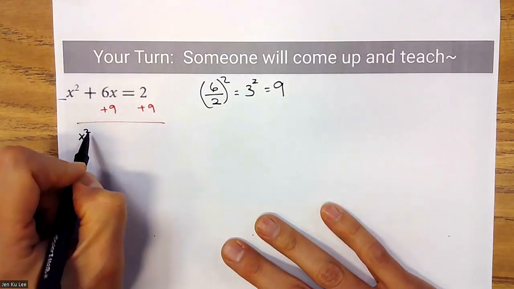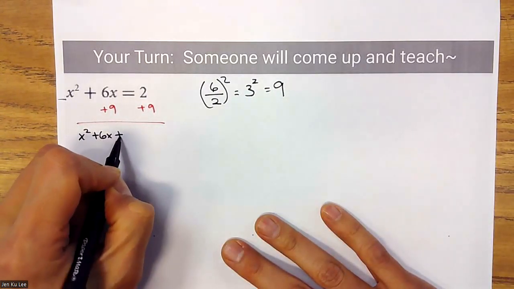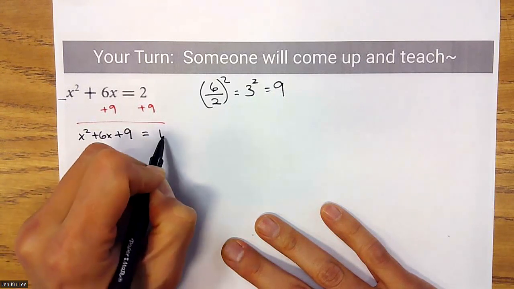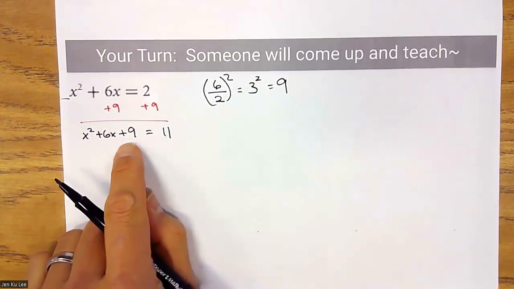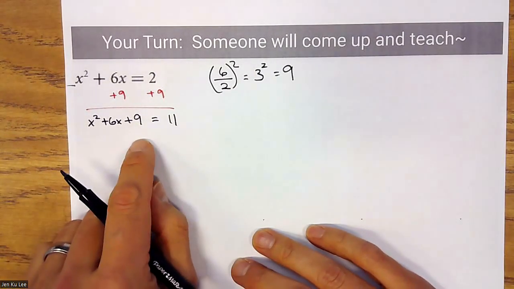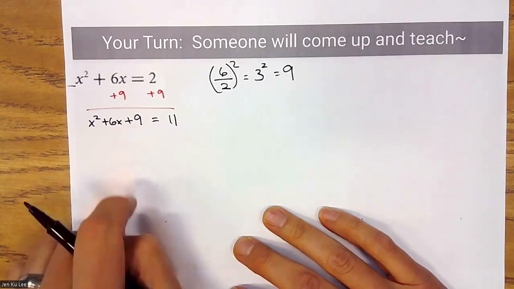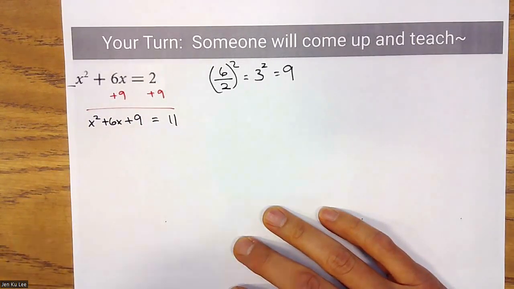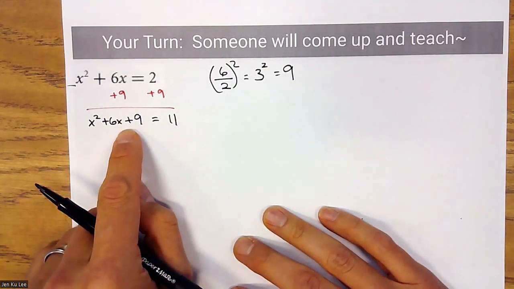So we have x squared plus 6x plus 9 equals 11. Now, instead of using that special form, because I've had a couple of questions about how do I get that special form, I'm going to factor this, okay?